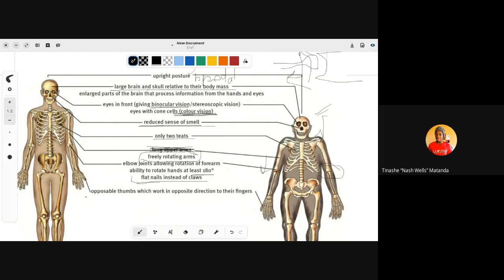And then there's this one, which is quite important, known as the opposable thumb. And what is meant by the opposable thumb? We're just referring to the fact that your thumb is able to go in the opposite direction to the fingers. That's basically what they mean by opposable thumb. Your thumb is able to oppose the motion of the other fingers.